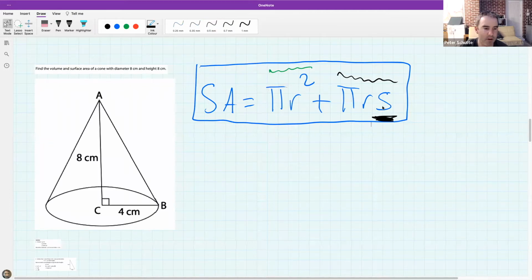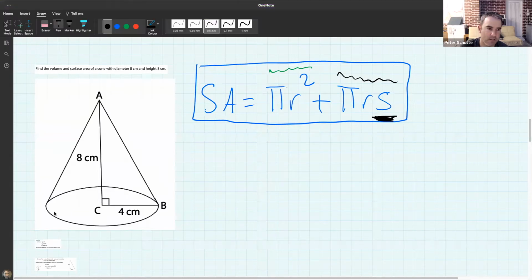I'd love it if someone's brave enough to tell us one part of that, or what they think. Can they see how that's connected? Yeah, Hendrina, let's go to you. The pi r squared is to find the area of the base.